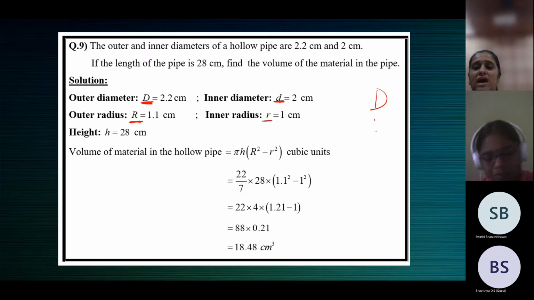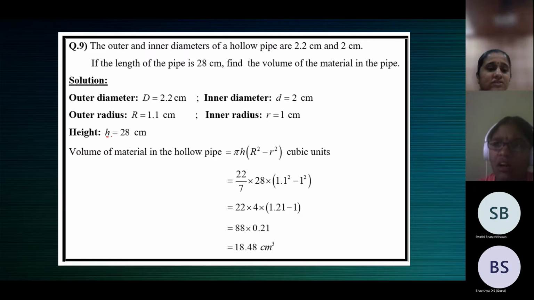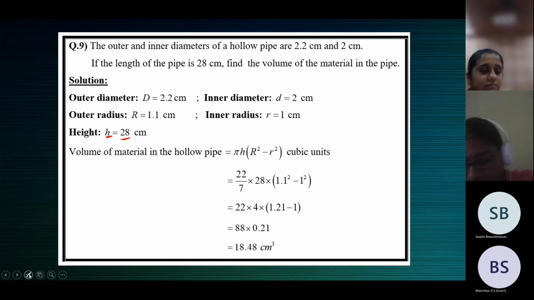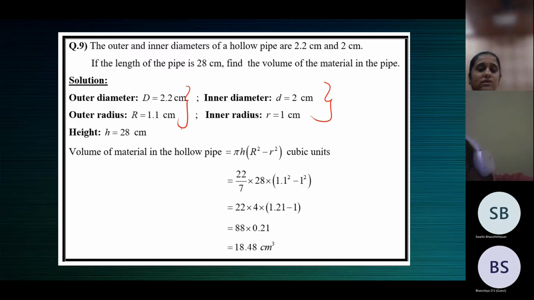I've used D for diameter, R for radius. And the height, which is h, 28 centimeters. Yes, children, you can understand. Start working. You must write the values of R, r, and h first. Then you should use that in the formula.